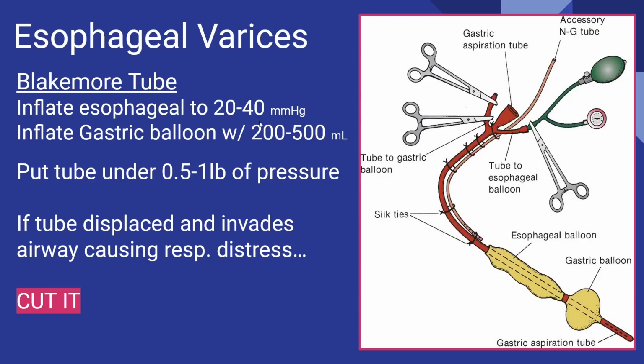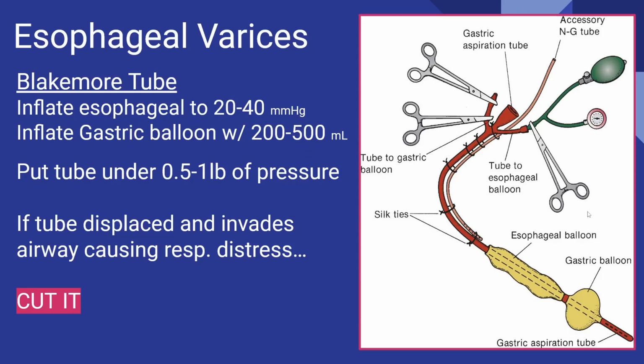So something we can do to then stop this bleeding is known as a Blakemore tube. You've probably heard about these in nursing school or in the ICU. We don't use them as often because they're pretty risky, but what we end up doing is inserting this tube just like an NG tube, but usually orally. At this point, the patient's probably been intubated for airway protection.